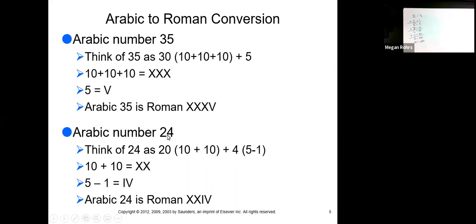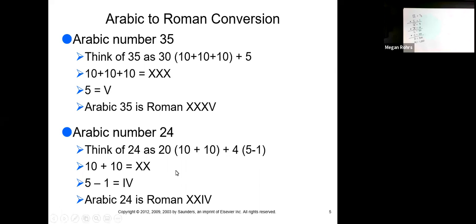Same thing for 24. The closest numeral that we can use would be 10. So we're going to repeat that twice. So 10 plus 10 would give us 20. Now to get 4, we cannot break the rule that says you cannot repeat a numeral more than 3 times. So we can't just have 4 ones, essentially. We can't just have 4 I's.